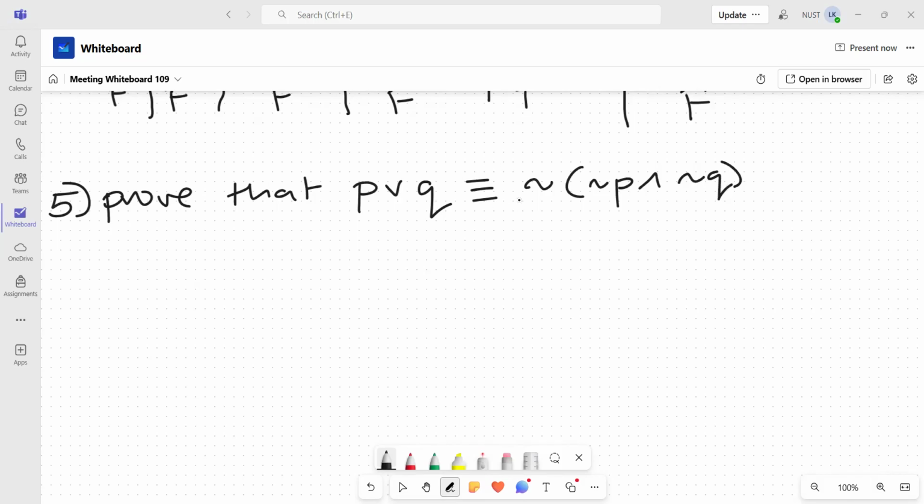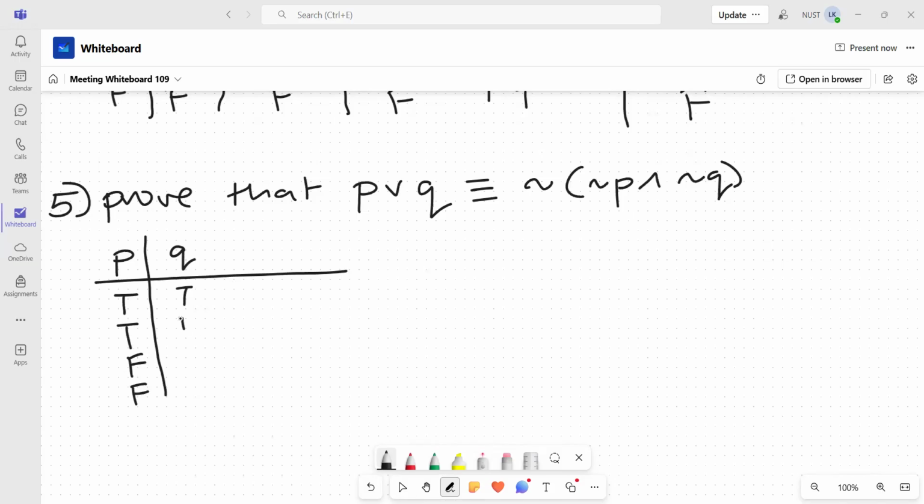So remember, this means that they are logically equivalent. It means they have the same truth values. So we can draw the truth table P and Q. So we have true, true, false, false, true, false, true, and false.